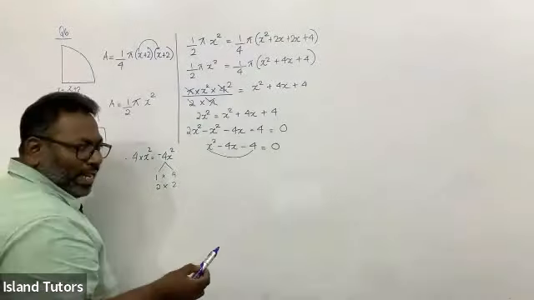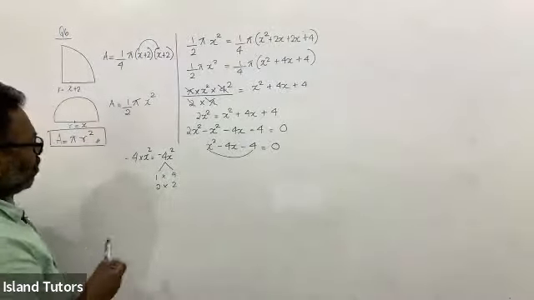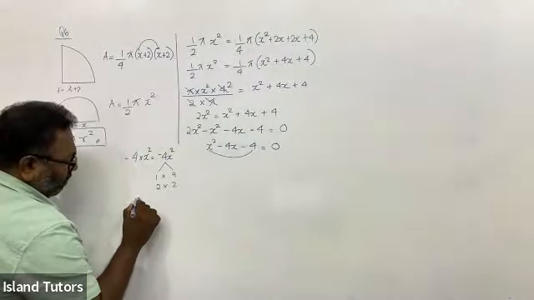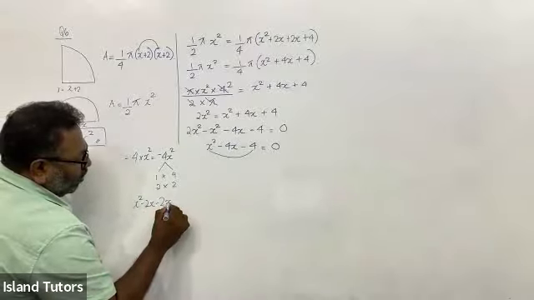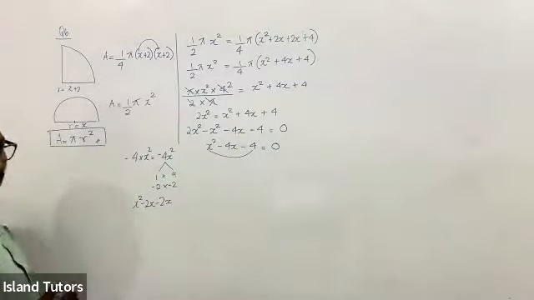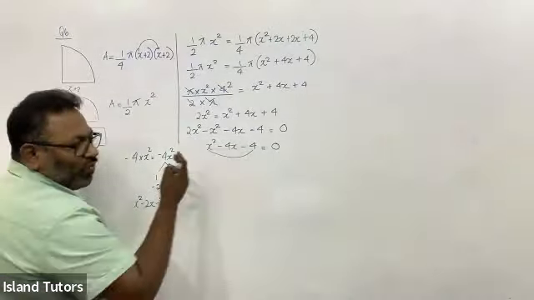And when you multiply it, you should get minus 4. So the only way that you can get this minus 4 is x squared minus 2x minus 2x. This minus, this minus. So minus 2x will give you minus 4x.